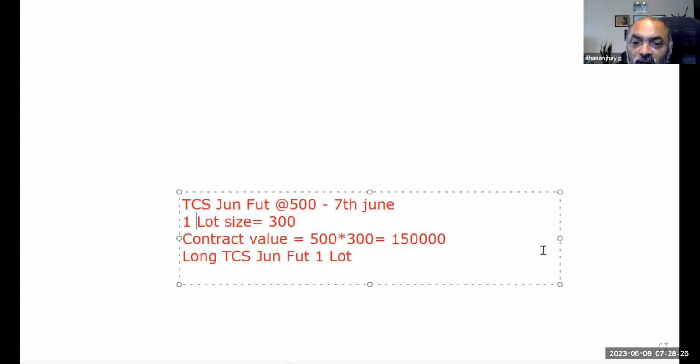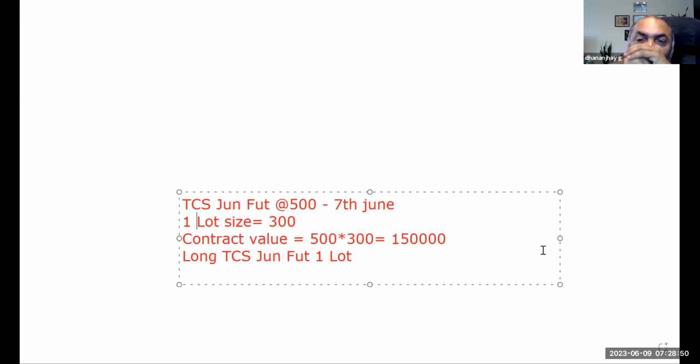One lot means one box of 12 apples. So value of one lot is 1,50,000. Are you clear?